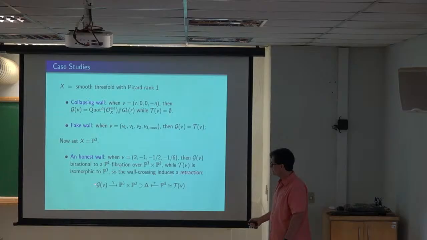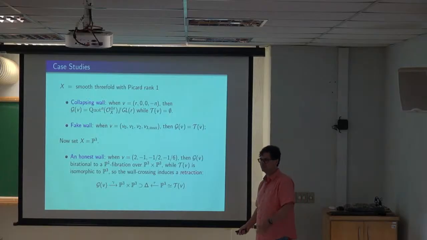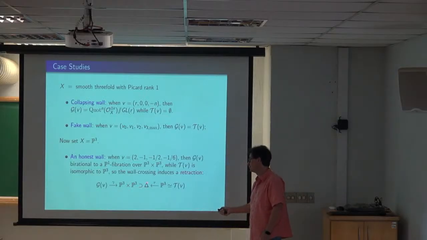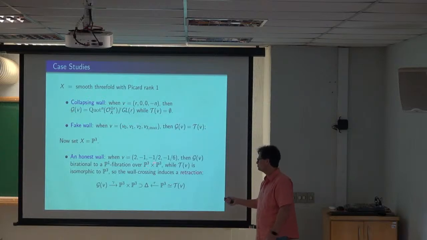The generic fiber of this map is P1, and over the diagonal in P3 times P3, the fibers are actually P2s. So that's why this is not a P1 fibration, but just birational to a P1 fibration over P3 times P3.